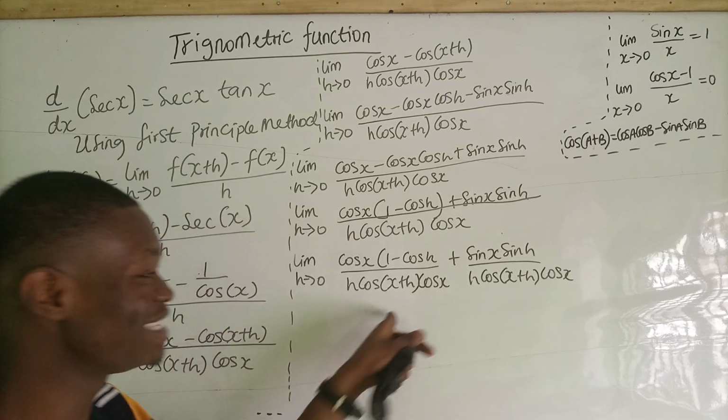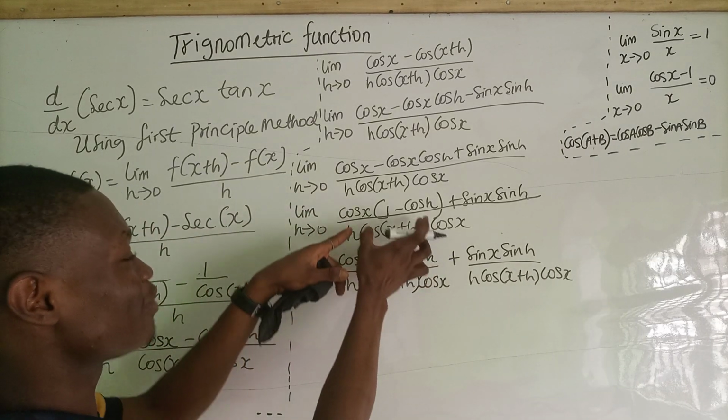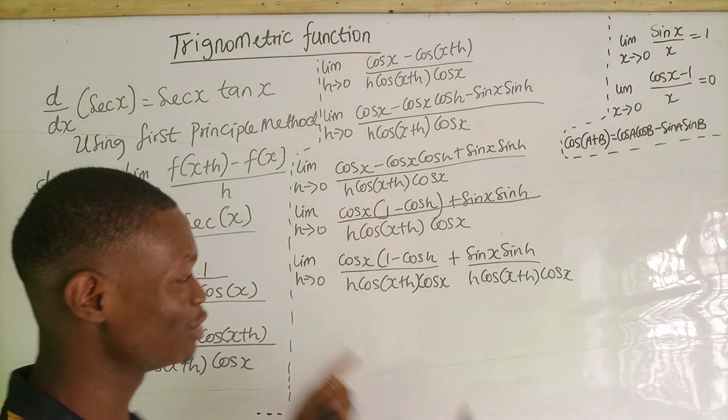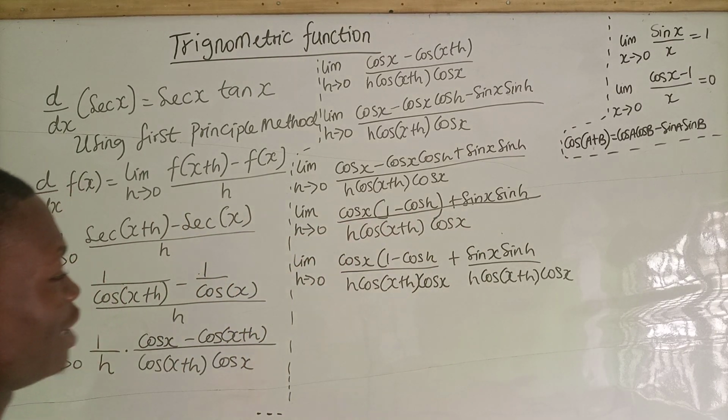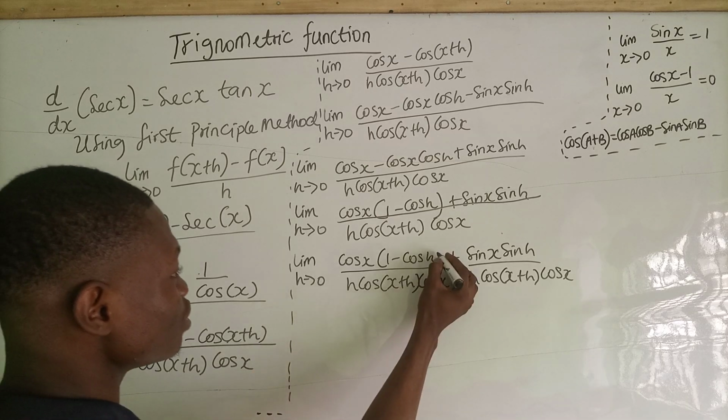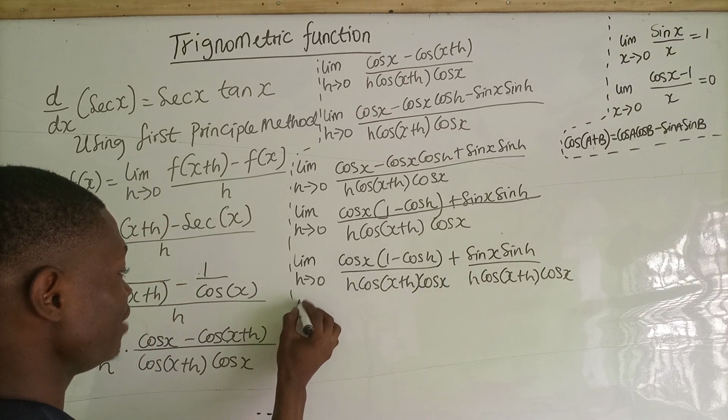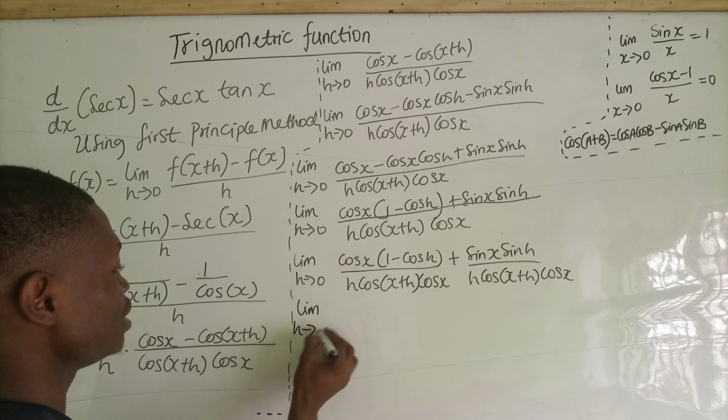Do you know the reason I wrote this thing like this? Because the denominator is for this one and this one. So I choose to just divide it. So we are going to have limit as h approaches 0.